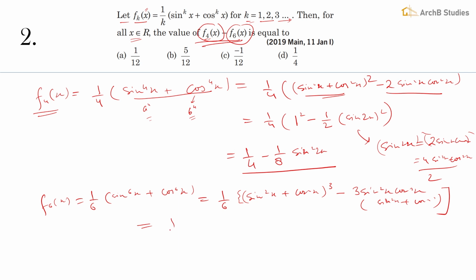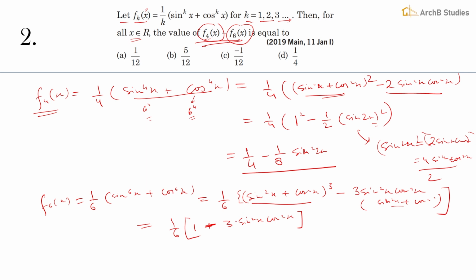This will be 1/6 times (1 cube, which is 1, minus 3 sin square x cos square x). Sorry, this became 1 again. So this will be sin square x cos square x.